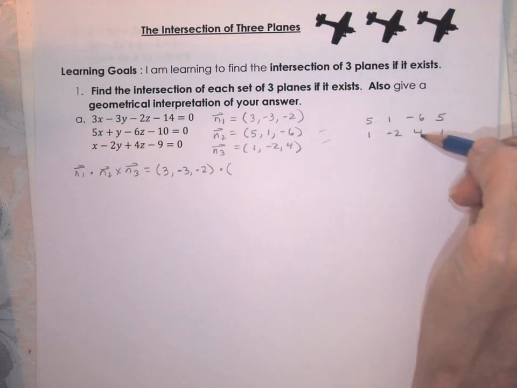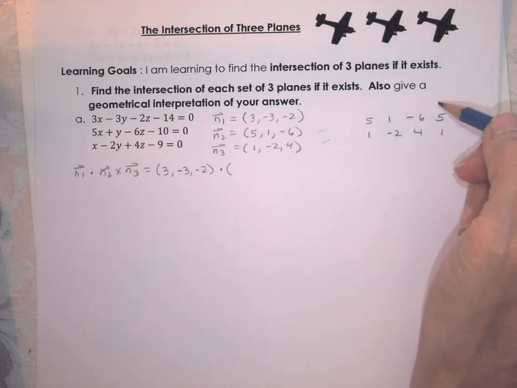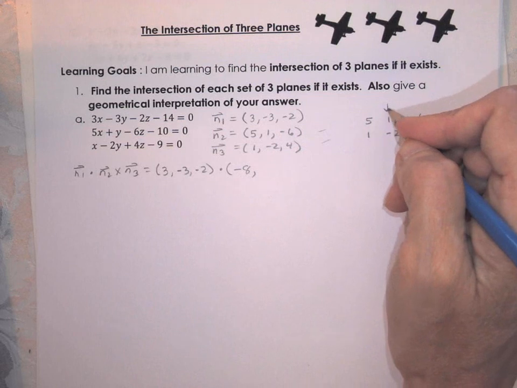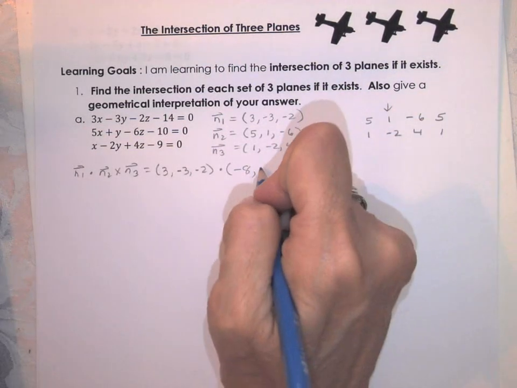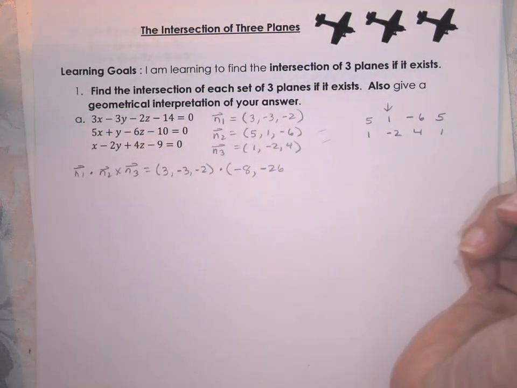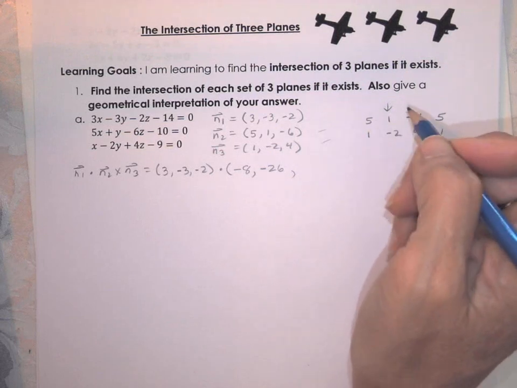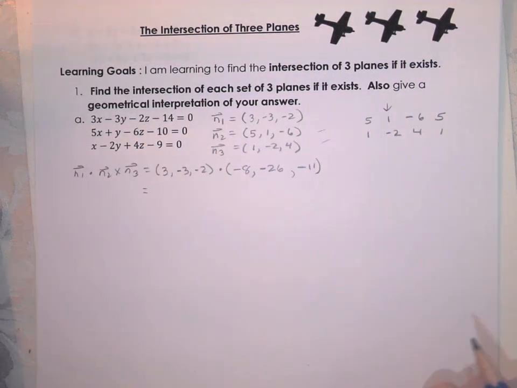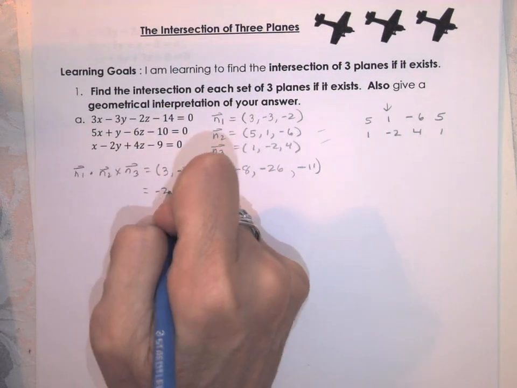So that's going to give me 4 minus 12, which is negative 8. Negative 6 minus 20, which is negative 26. And negative 10 minus 1, which is negative 11.